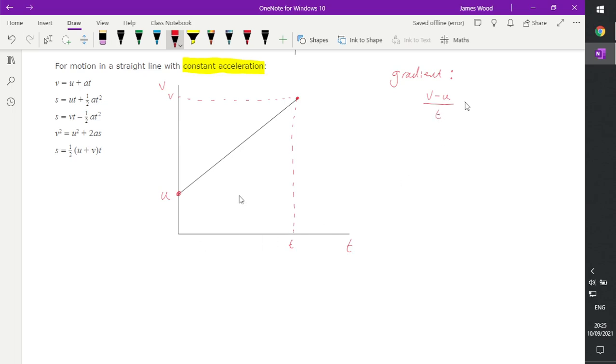And that's equal to the gradient, which we've just said we already know from what we know about VT graphs already, that that is equal to acceleration. So I can say that v minus u over t equals a. And hopefully that makes some intuitive sense too. The change in velocity over time is your acceleration. And if I rearrange that, I get to my first equation, v equals u plus at.